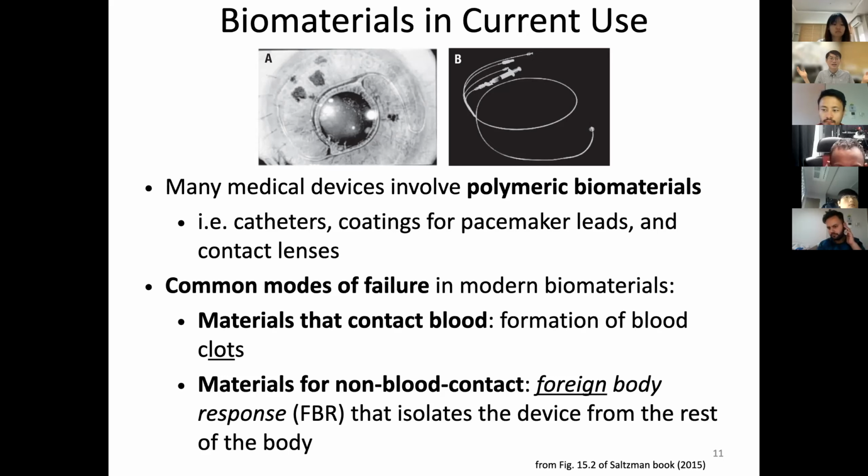That's really helpful for many people. The interesting part is our eyeball is one of the immune privileged sites, so it can hold this biomaterial for a long time without much inflammatory response. And the right-hand side is the catheter.